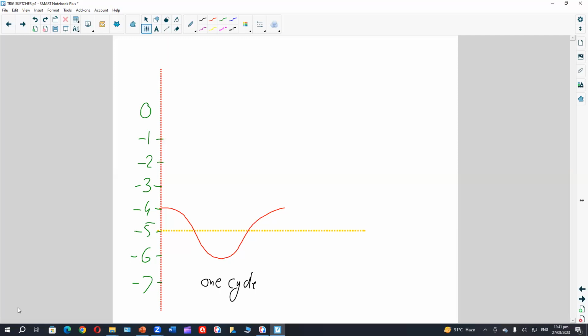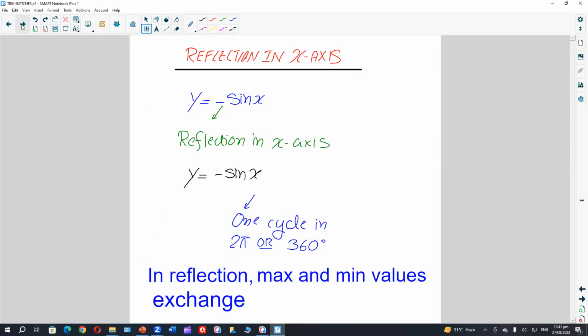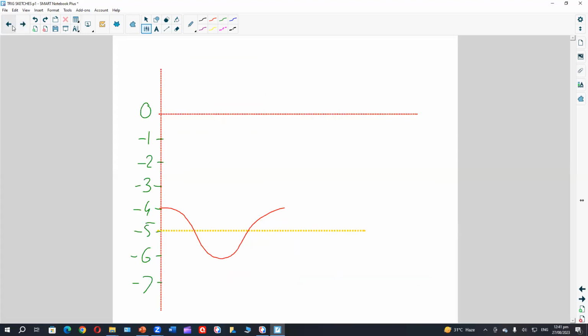I'm done with this. Now you have to mark the angles.